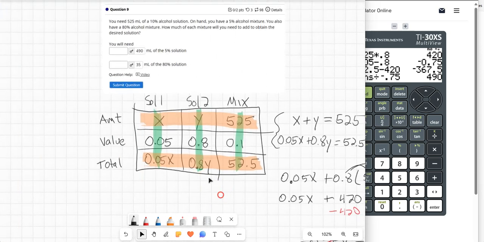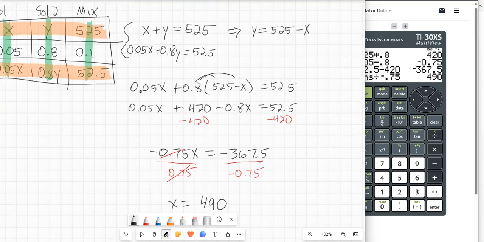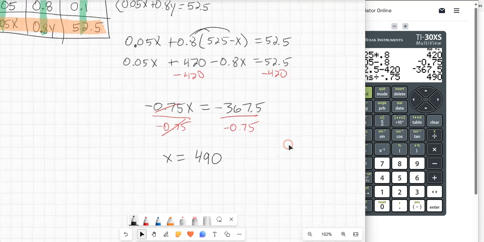Now x I have as the first column variable. That's the one with the 0.05. Our units are milliliters. So this would be 490 milliliters at 5%.